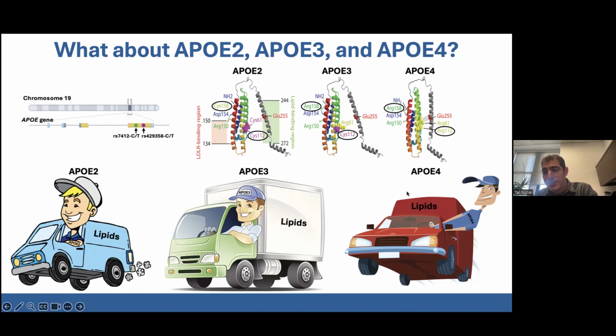ApoE4, I hope this doesn't offend anyone, is a little bit our less competent cousin who got the job. They're doing their job, they want the paycheck, they're showing up, but they're not doing it nearly as well as ApoE3. And then ApoE2 is also not as competent as ApoE3, but not as competent in different ways than ApoE4.